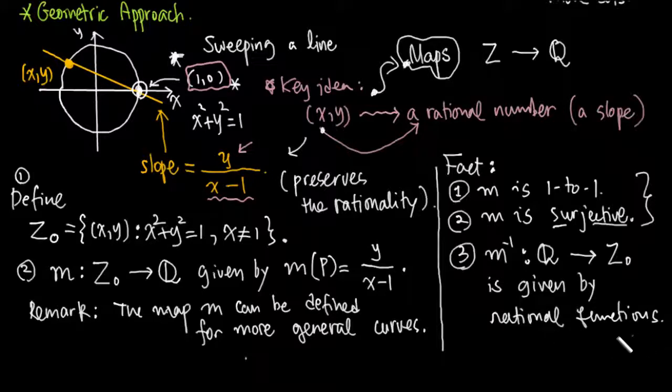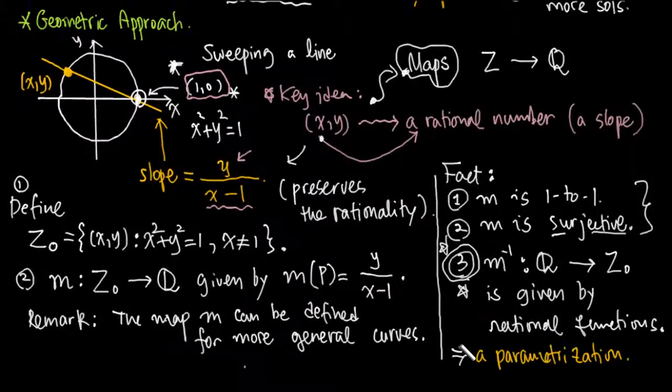So that preserves rationality, and this is a really nice result. Not only is it invertible, but the inverse map preserves rationality. If you have t, it is not only a rational number, but it is given by a rational function. So here I wrote it down. This map description really explains the existence of a parameterization.